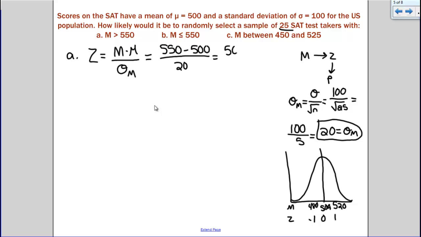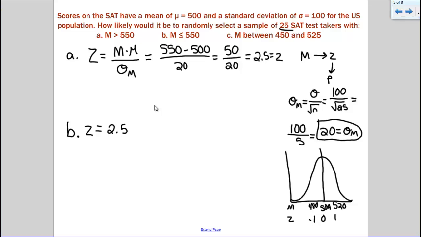You end up with 50 divided by 20, which is 2.5. So that is the z-score for part A. Now, I'm going to go ahead and find all my z-scores and then find all my probabilities. So for part B, 550 is still our mean of interest, so my z-score is still going to be 2.5.